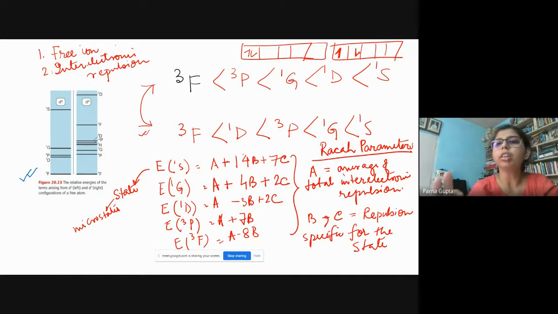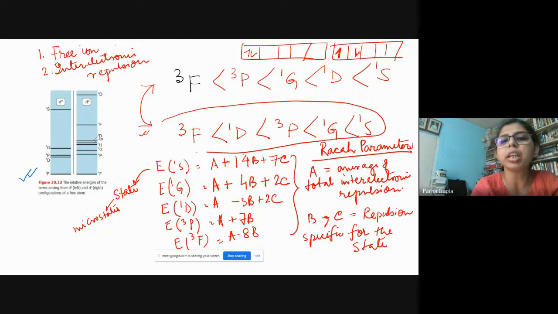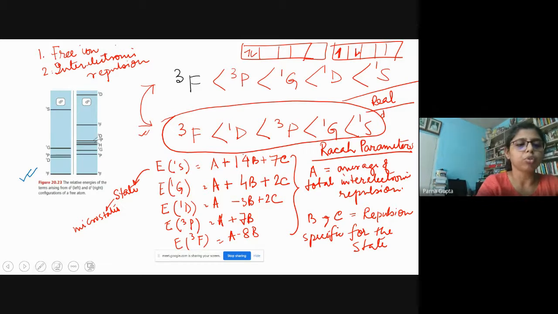And for these things, always Hund's rules, for this particular case, the energy order, this is the real one, and the energy order does not always follow Hund's rule.